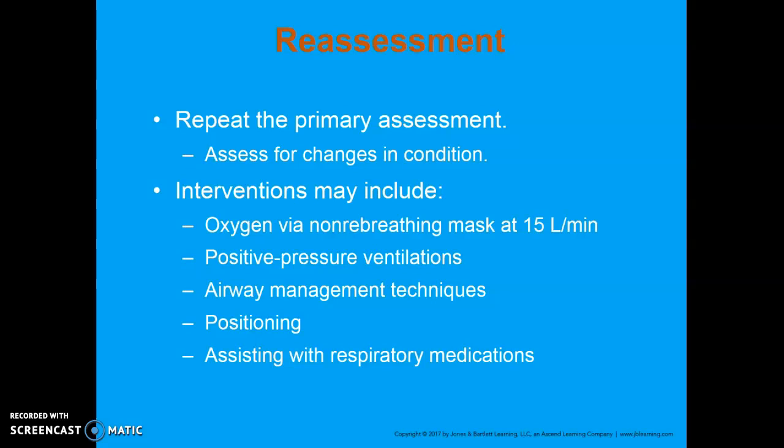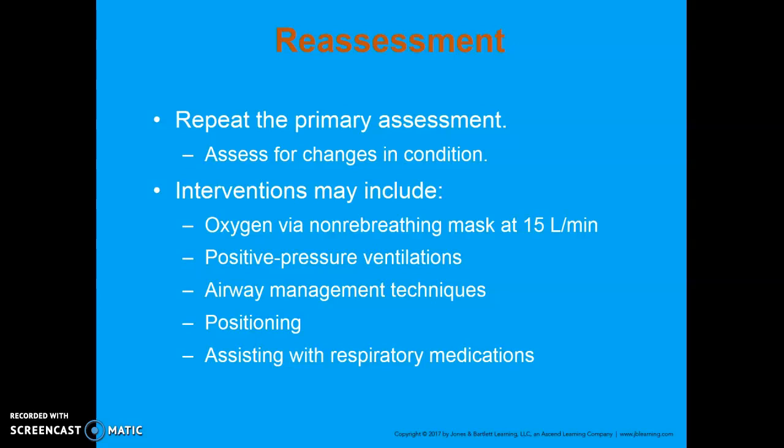For our reassessment, you want to just continue to repeat the primary assessment to try and determine if there's been any changes in the patient's condition. You want to confirm the adequacy of any of the interventions that you've performed, as well as the patient's status. If the patient's stable, then we are only going to obtain vitals every 15 minutes.